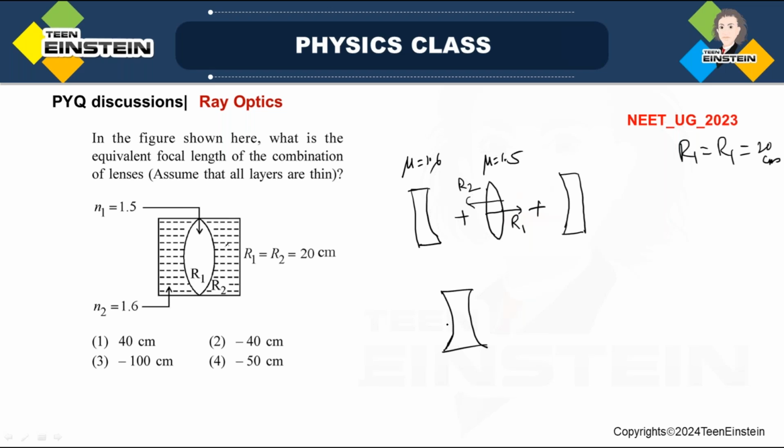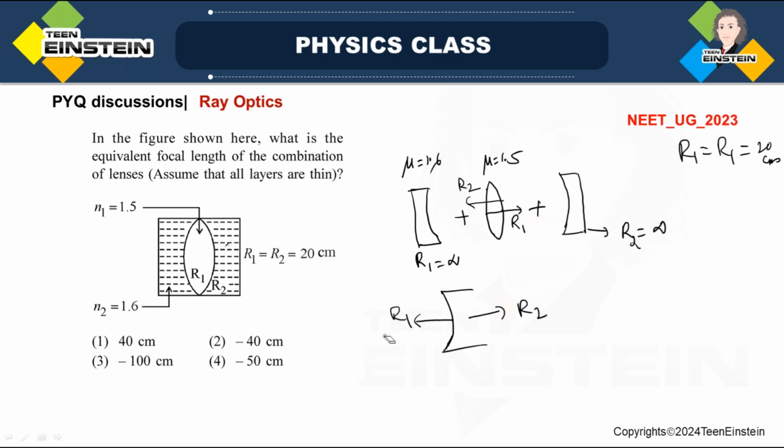In case of concave, it is just opposite. This we take as R1 and this we take as R2. Now for this lens, this R1 is infinite, and for this lens R2 is infinite. And the rest of the things are as it is.